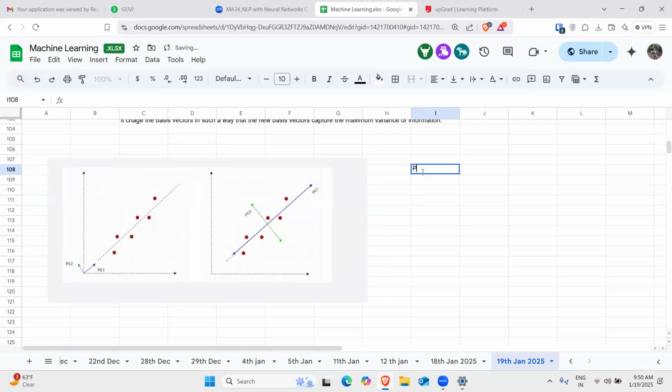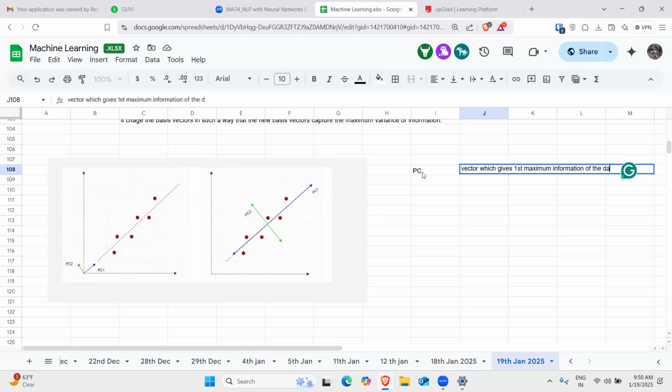Now, what is a principal component, guys? Nothing but the direction of the vector which gives the first maximum information of the data. Yes or no?